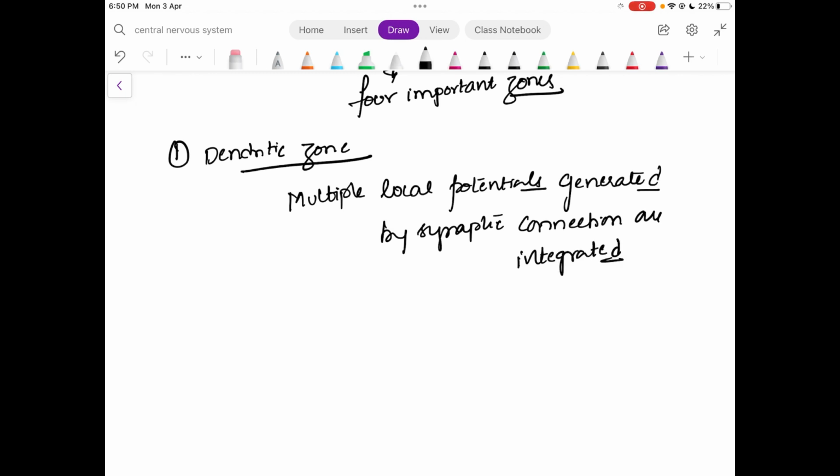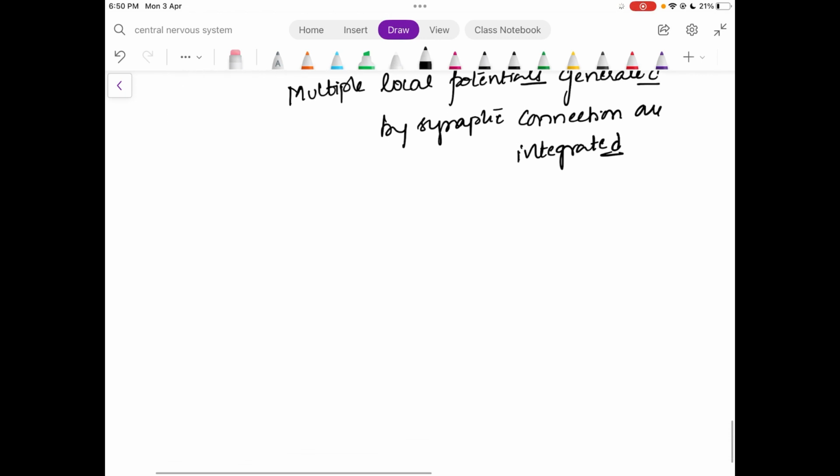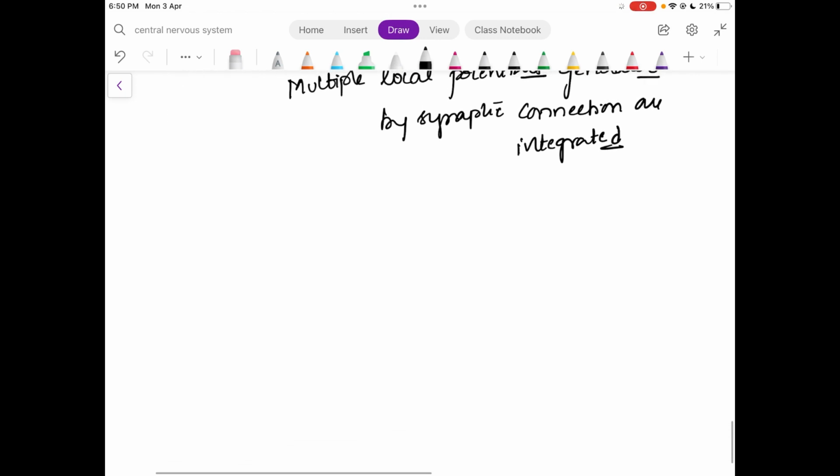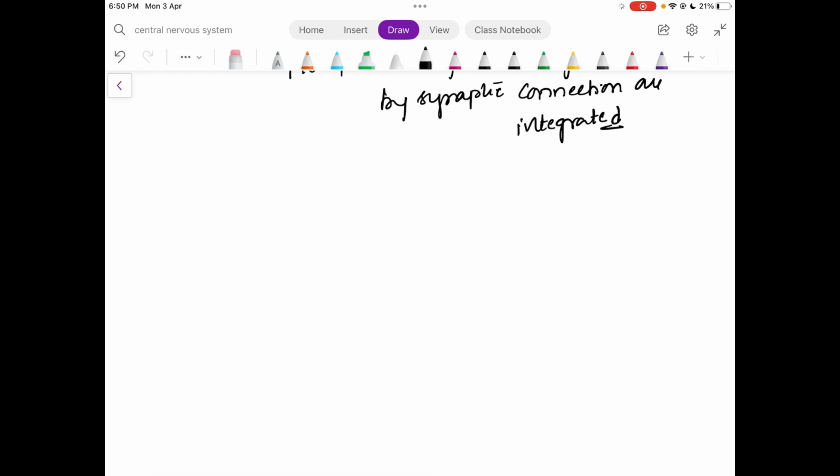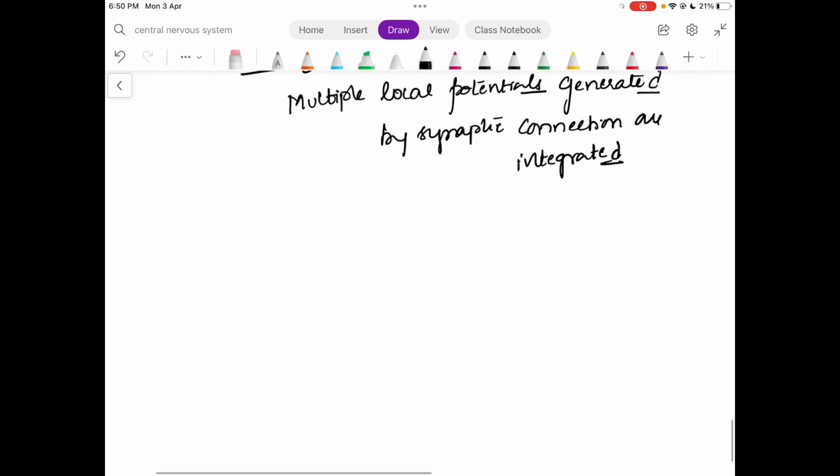All the potentials from the other neurons which are in connection with the dendrites, all these signals are taken up by the dendrites, and they will integrate together. That is the dendritic zone.